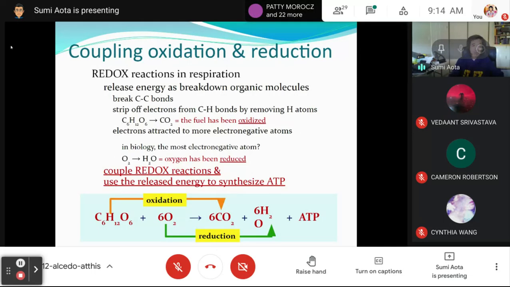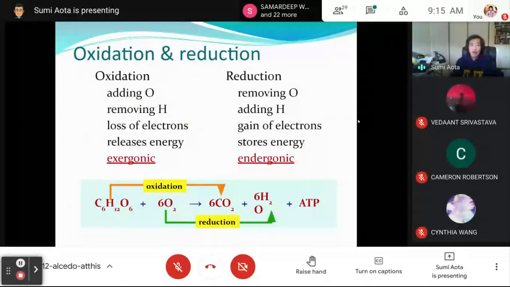If you want, I would suggest you star this particular slide or make note of it somewhere. It's this coupling of oxidation and reduction to ATP synthesis. This is the point: an exergonic chemical reaction linked to an endergonic one. Remember all of these clues for differentiating between oxidation and reduction.